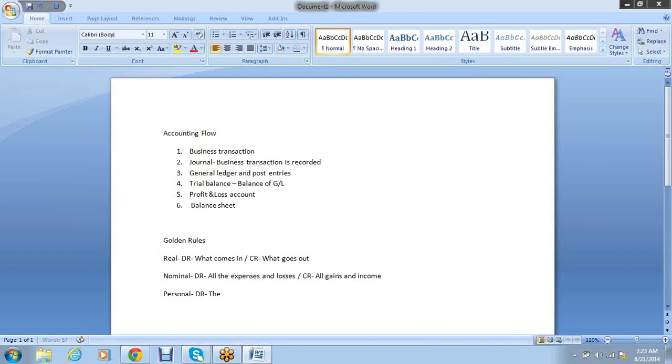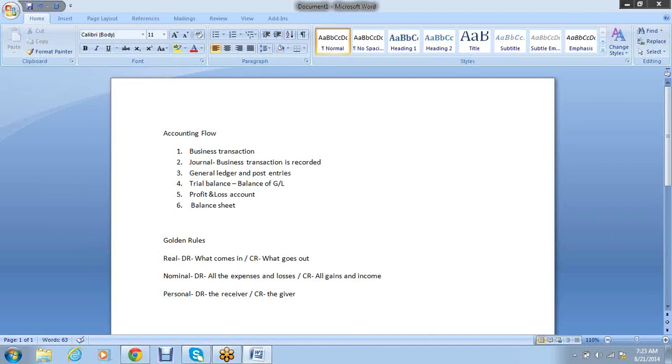Personal: debit the receiver, credit the giver. Complete accounting is based upon these golden rules, and this is standard throughout the world, here in India, the US, wherever you go.